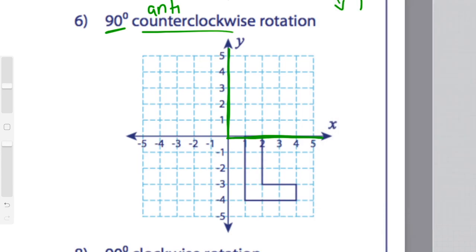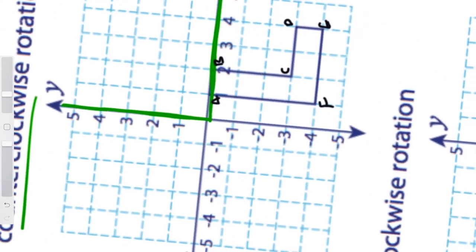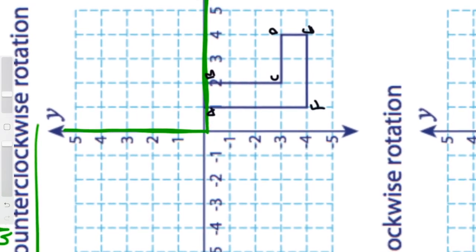Now, yours should be labeled as I said, but I'm going to label them A, B, C, D, E, F. Okay, what do we do next? We turn our page. So we literally turn our page, and so the object we're looking at is in what we can see as quadrant 1. So as we look at it, it looks like it's quadrant 1.